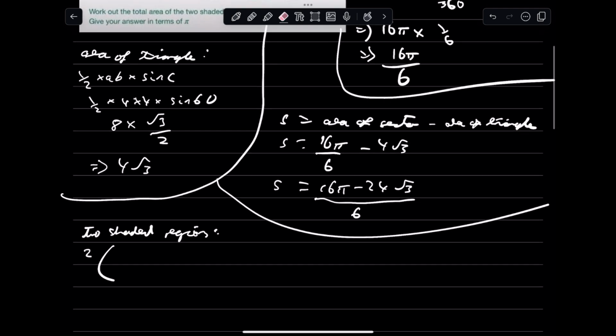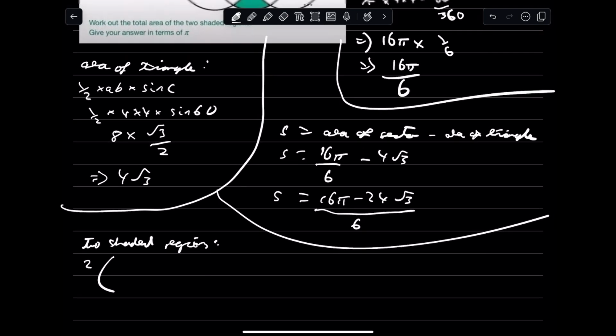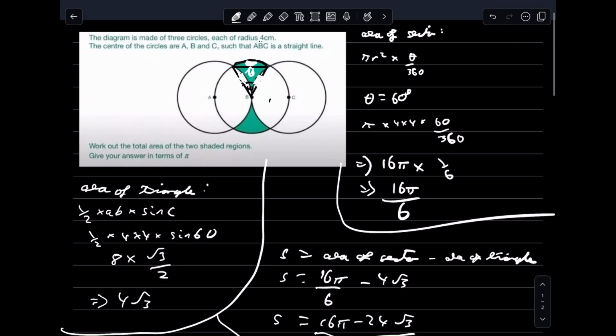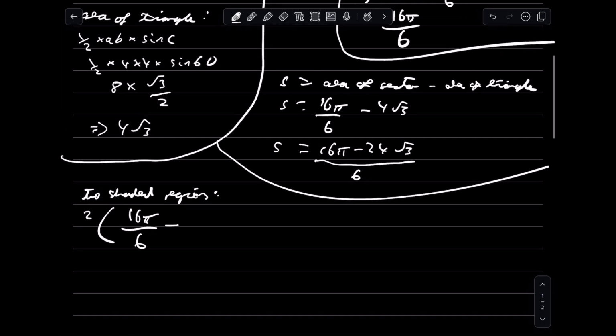Okay. Area of sector, 16 pi over 6 minus 2S, which is 32 pi minus 48 root 3 over 6.